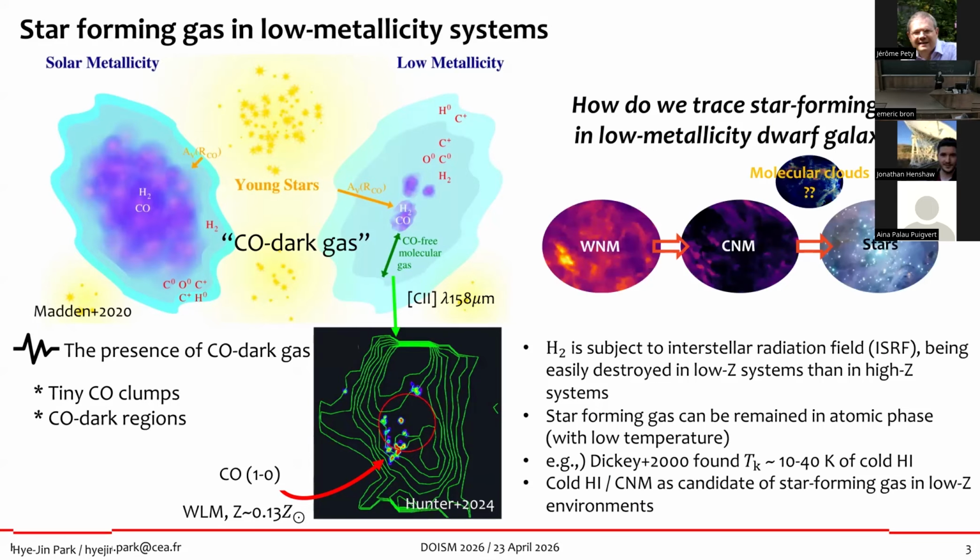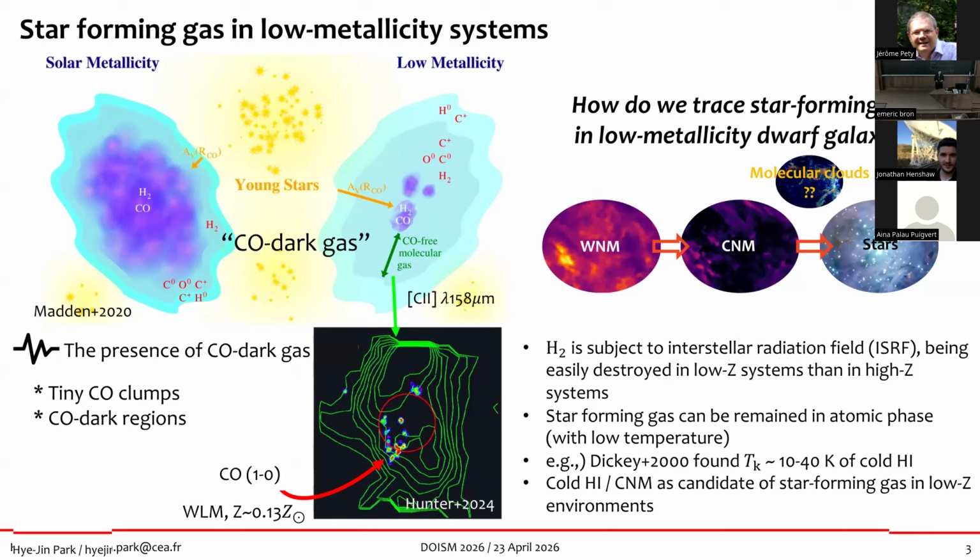And then we look at the CNM specifically, rather than molecular clouds, because the H2 molecular hydrogen is subject to the high-energy UV photons. And they're easily destroyed in low metallicity systems because of the lack of dust, and also their abundance is very low itself.